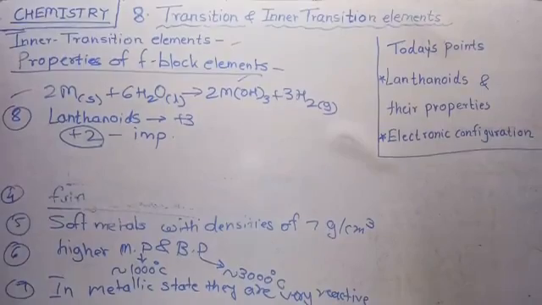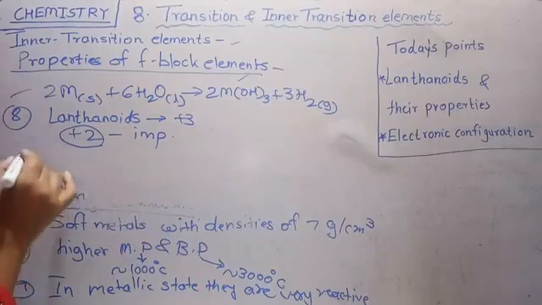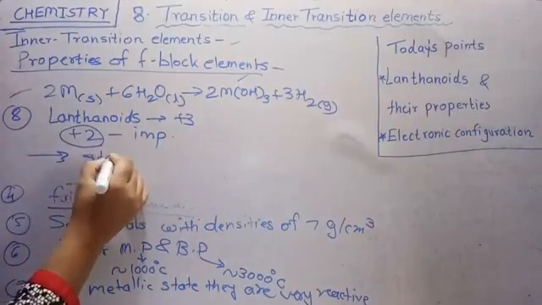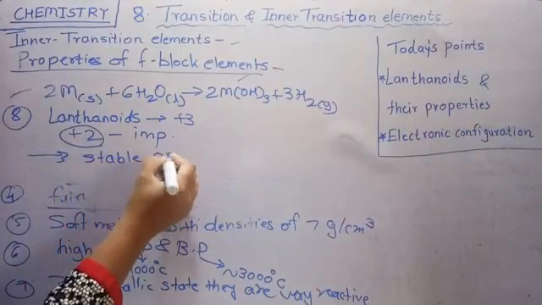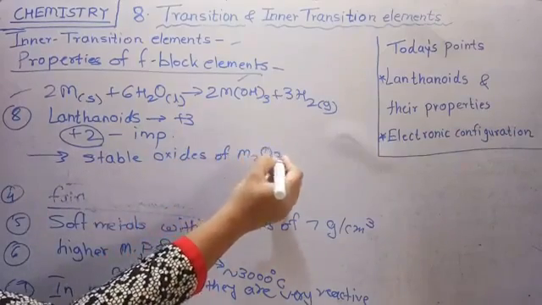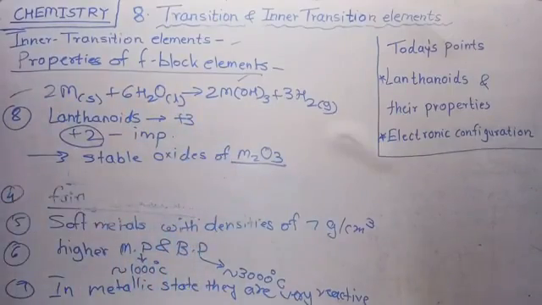They all form stable oxides of type M2O3. Here M denotes the lanthanides, or f block elements.